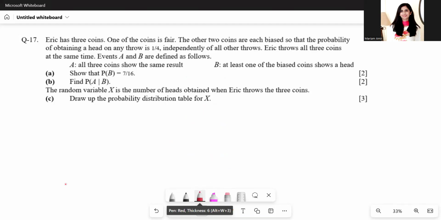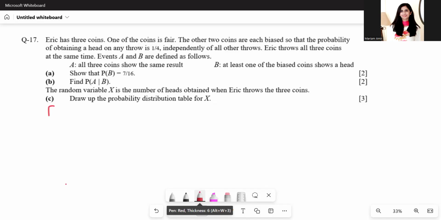Okay, so before we read events A and B, let's see what probabilities we are getting for the fair dice and the unfair dice. So if it's a fair dice, then the probability of head is just going to be half, and the probability of tail will also be half.